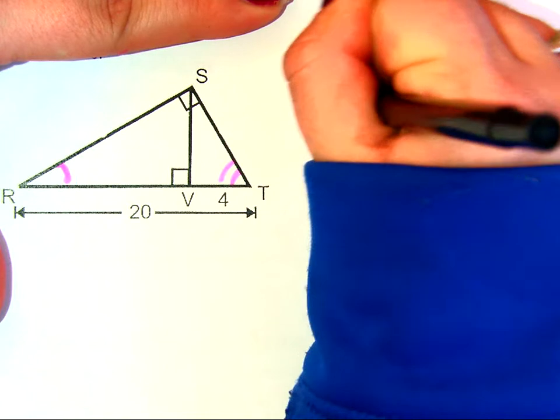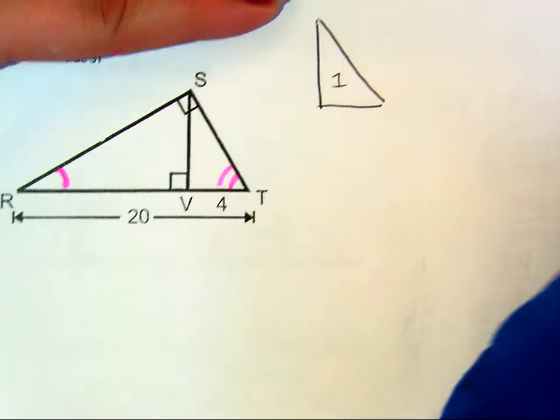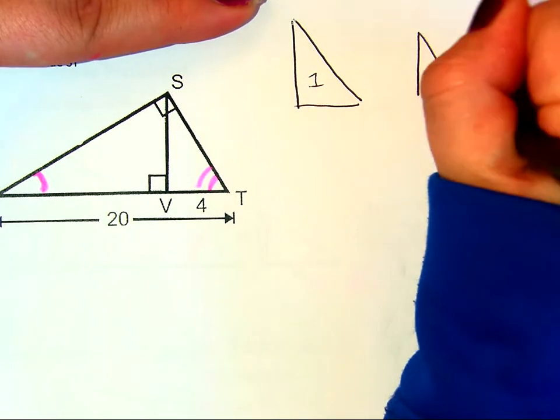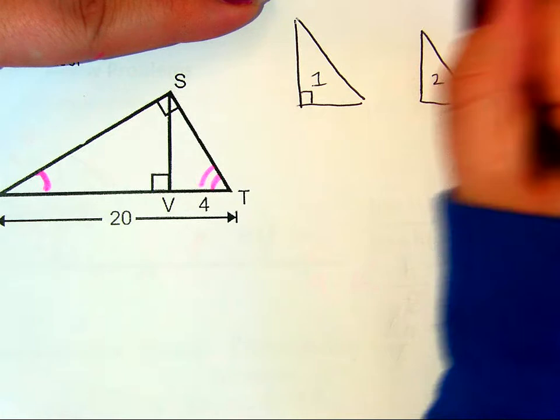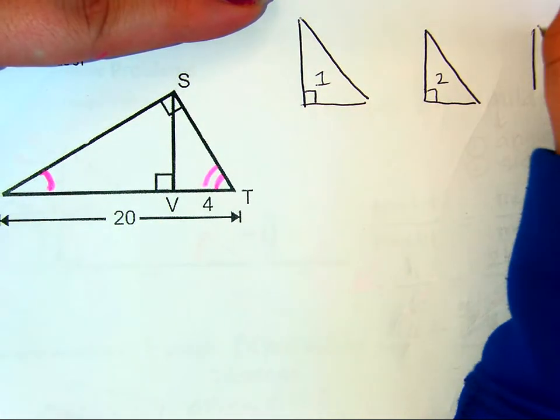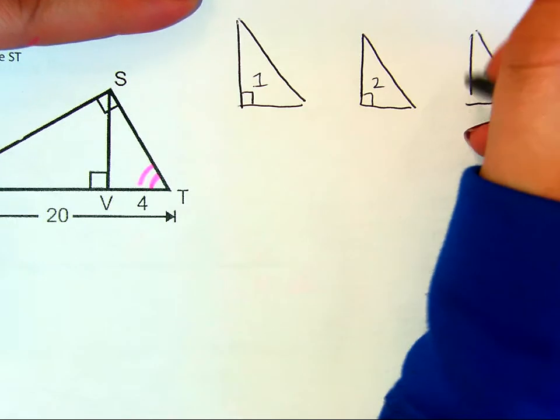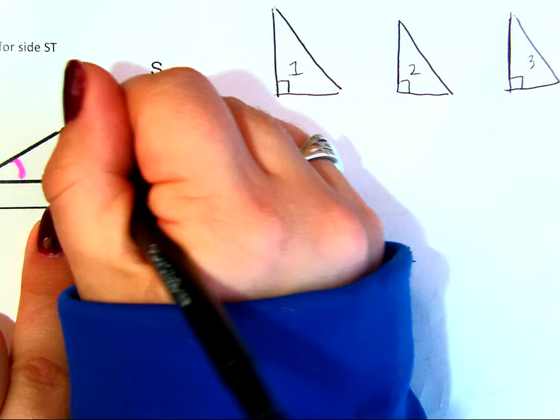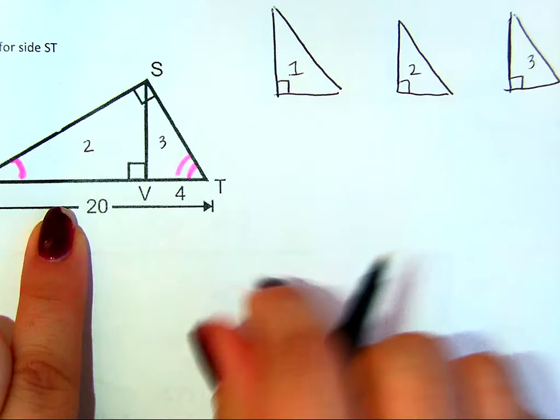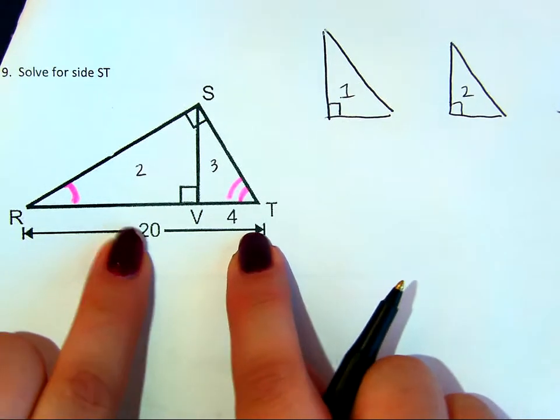So here's one. This is going to be my large triangle. We'll call this one triangle 2. And triangle 3. Okay, so this is going to be my triangle 2 and 3, and then my larger triangle is 1.